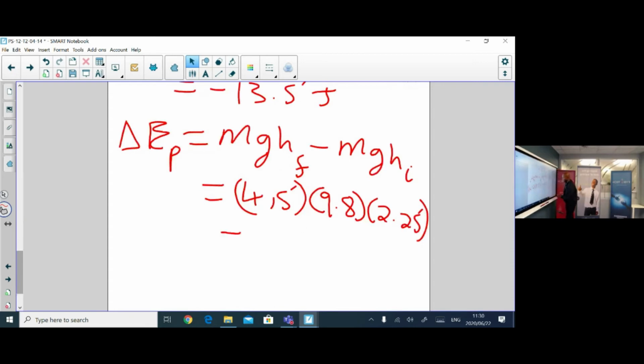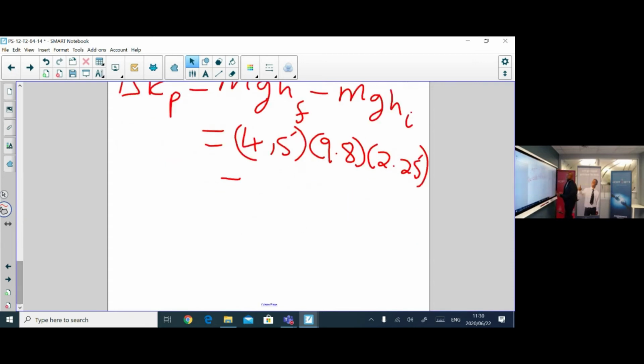Minus the same mass of 4.5 multiplied by 9.8 multiplied by the initial height, which is 0.